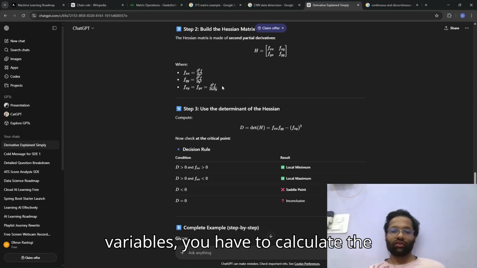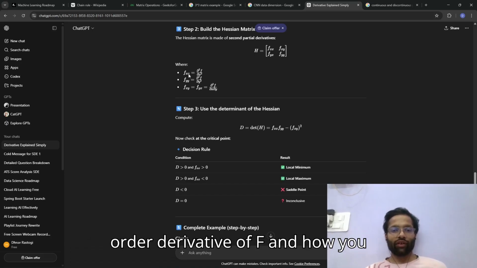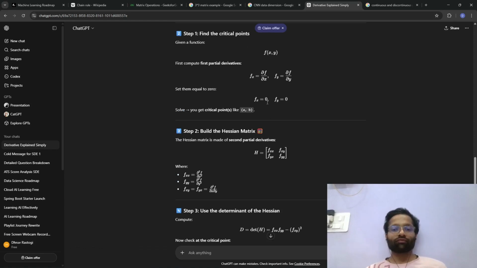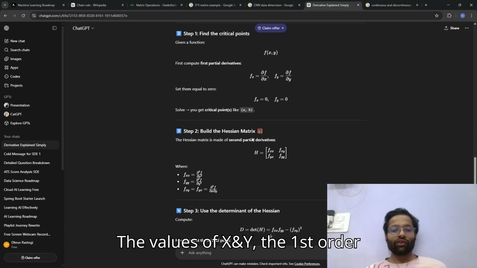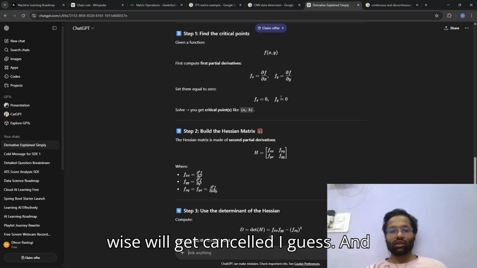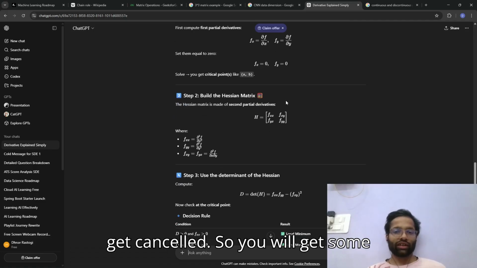For two variables, you have to calculate the determinant as well, which uses the second order derivatives of f. And how are you going to calculate the values of x and y? The first order derivative, put that to 0. For fx, all the y's will get cancelled, I guess. And for fy, put everything 0 and x gets cancelled.